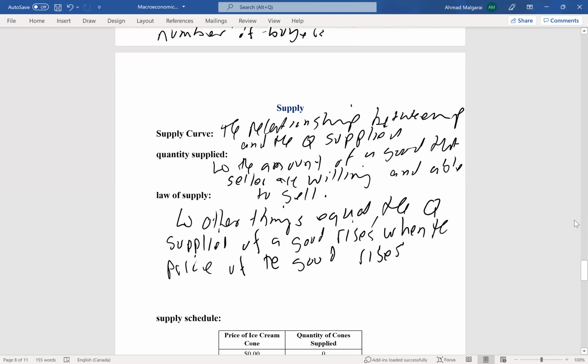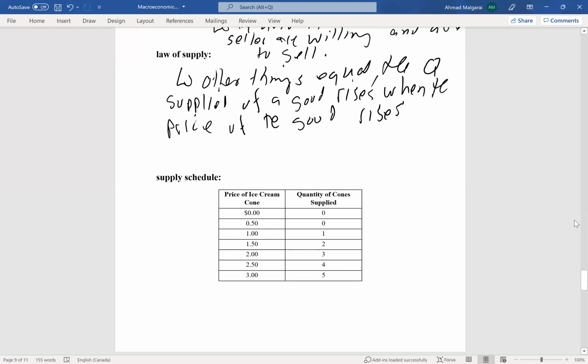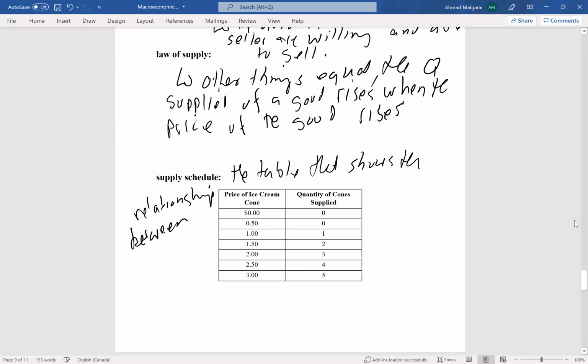Again, we can talk about the supply schedule. Here, again, the supply schedule is the table that shows the relationship between the price of a good and the quantity supplied.